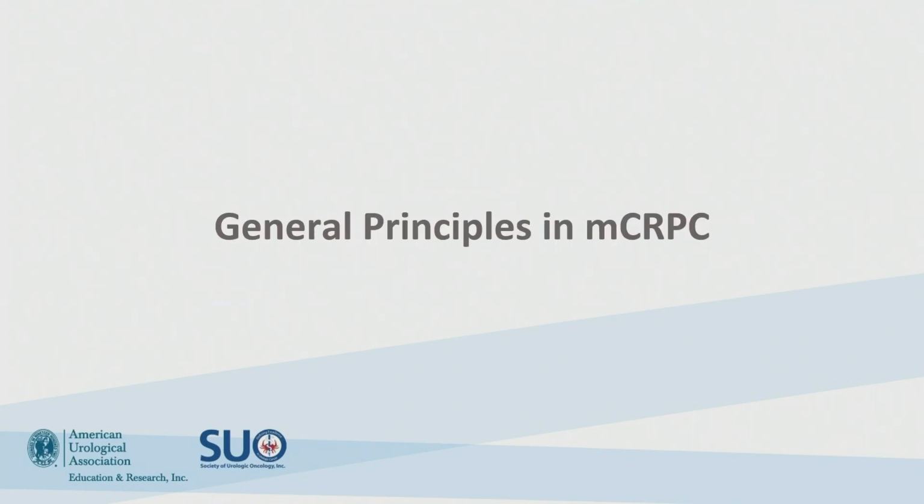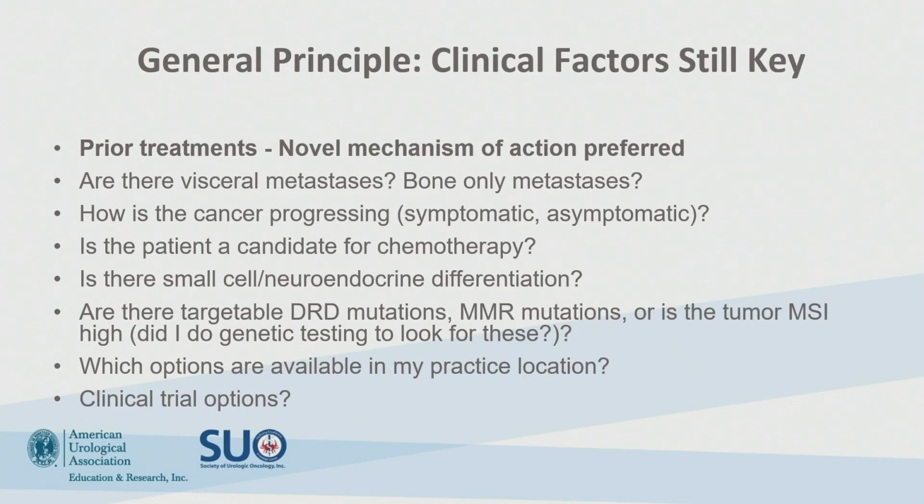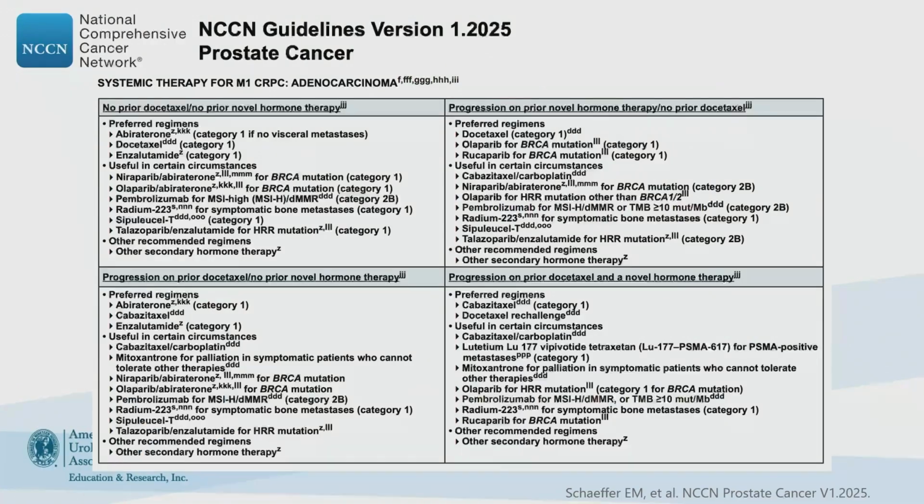All right, so general principles, we went through this in detail, but these clinical factors are still key, and we won't go through them again, but just to reiterate that a novel mechanism of action is usually preferred, because we want to get around those resistance mechanisms that may have developed.